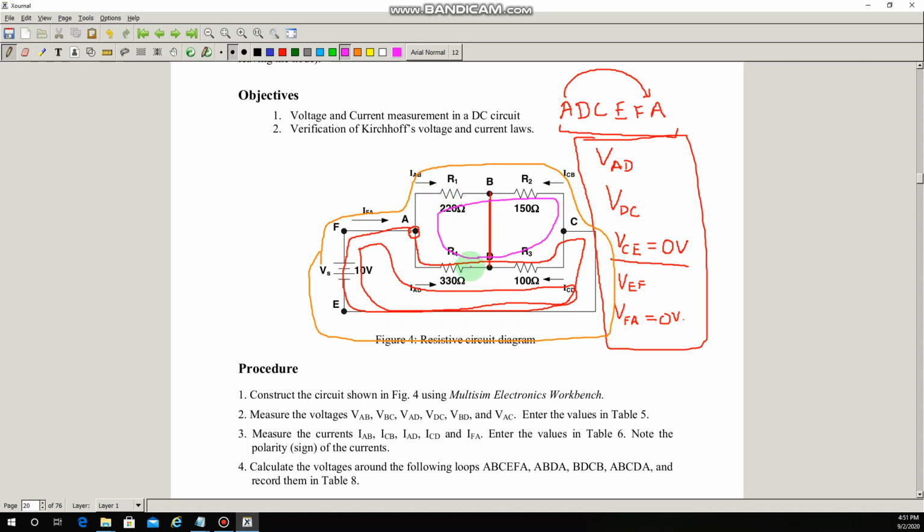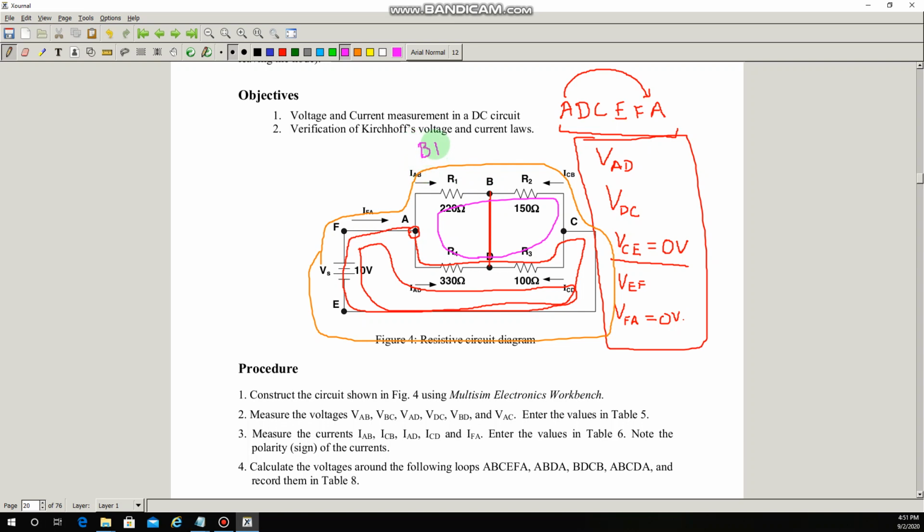So I can verify KVL on all of these 3 different loops. Not just that, I can actually select any closed path by using these node names. For example, if I ask what will be the sum of the voltages in the path BDCB, let me repeat it, BDCB. What does that mean?